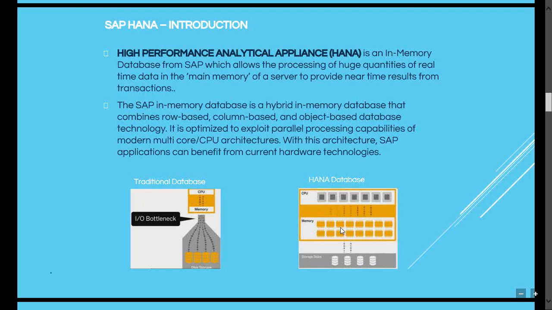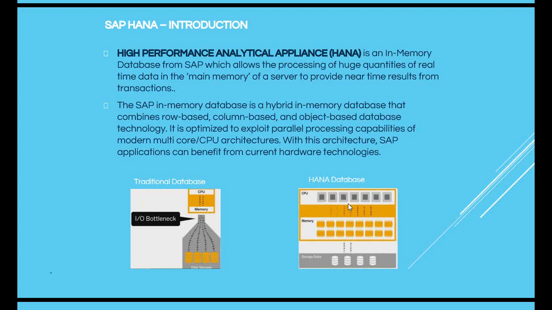So now the data movement is only between your main memory and CPU cache. All the operations happen in the main memory, and the CPU can easily fetch the data from your main memory and process the data in the CPU caches. So this is the very important difference between the other databases and the HANA database.